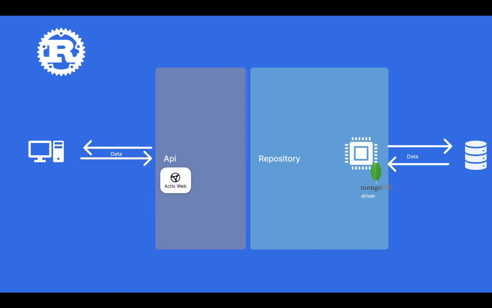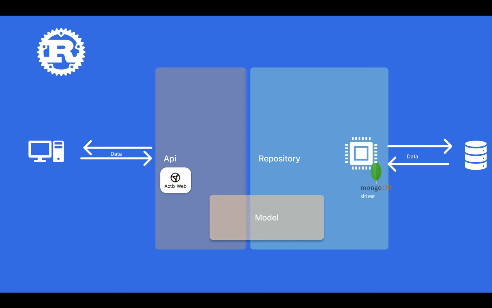Okay, so then we have our repository, and that's going to communicate with the database using the MongoDB driver. So these are all libraries that we will use from MongoDB and Actix web. And then between these two, we have our bridges. So the first one is our model.